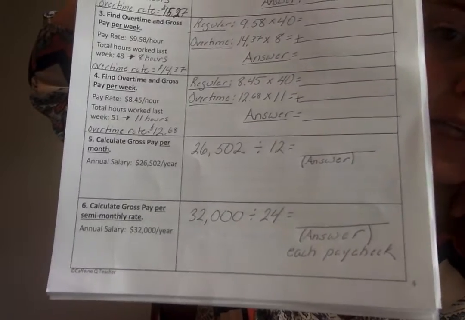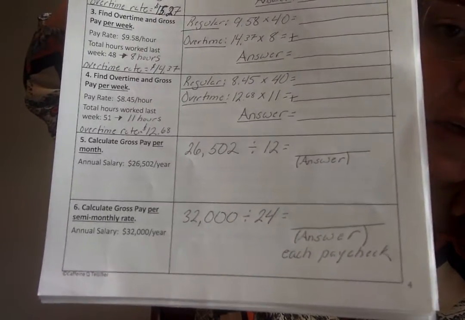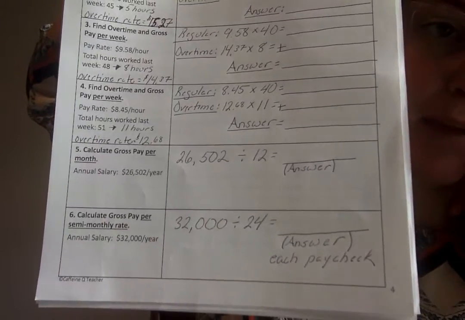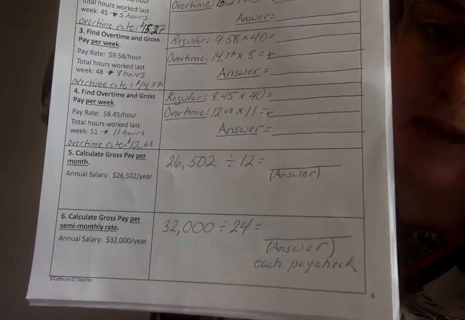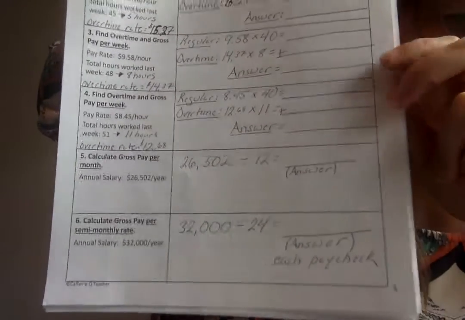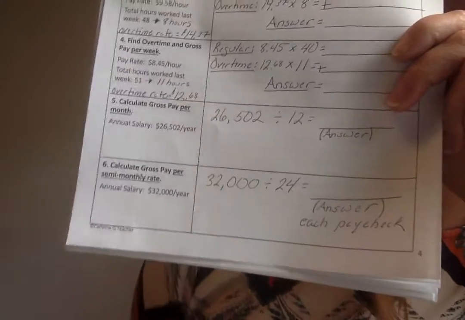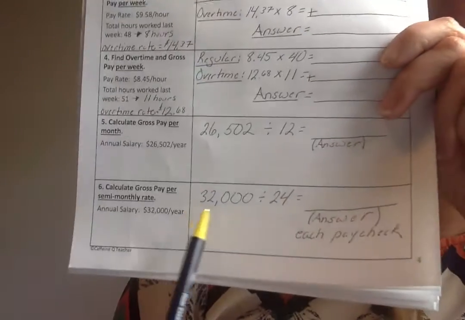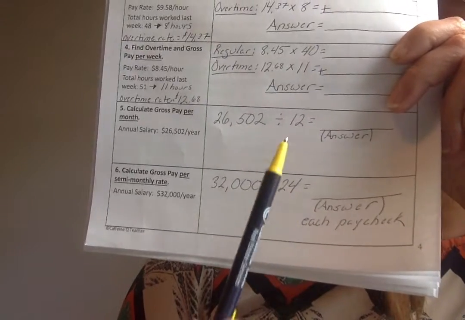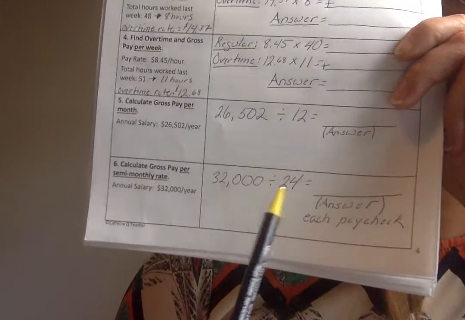Our last one here, number 6, is calculating gross pay with a semi-monthly rate. So this is how I get paid. This is how your Charleston County teachers get paid. We're on salary, but we get paid twice a month. TMI, right? But just trying to give you an example. So let's say I make $32,000 a year, but I get paid not once a month, but twice a month.